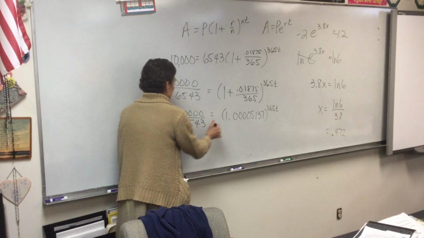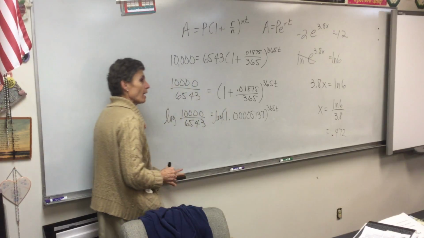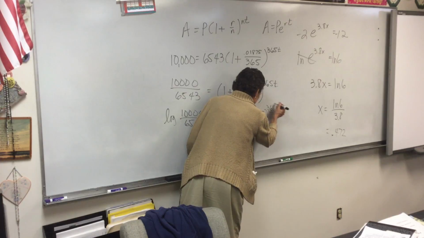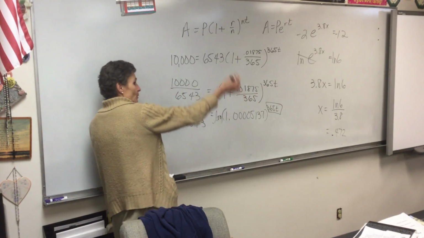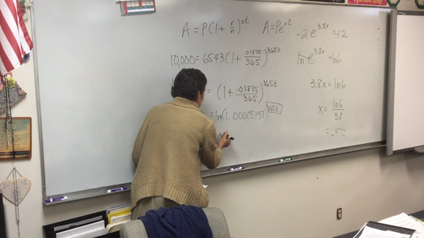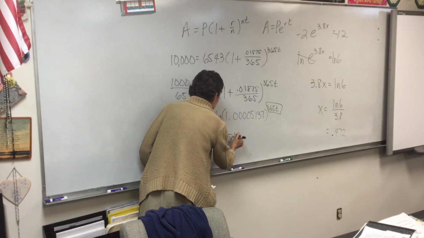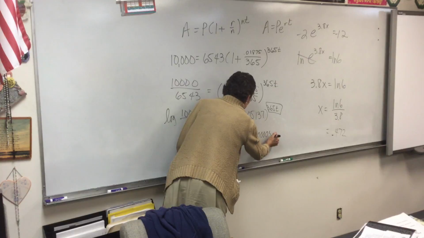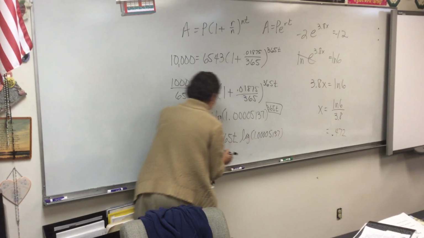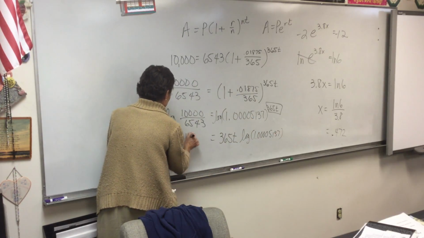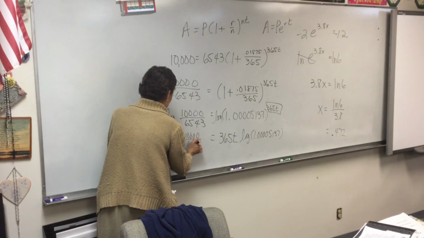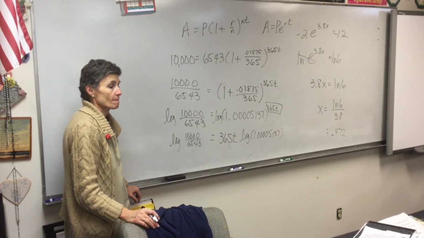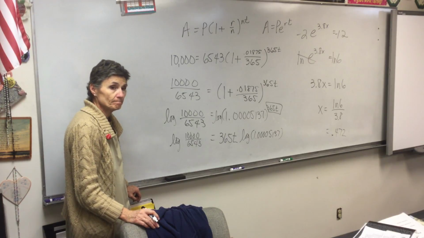We're going to take the logarithm of both sides. And the reason Robbie wants to do that is so that what happens to this guy? Whoop, out in front. So 365t log this decimal. Got it?